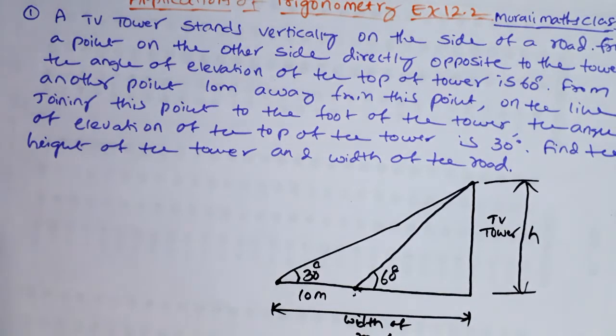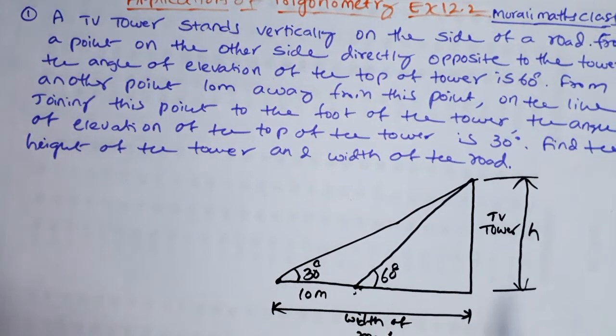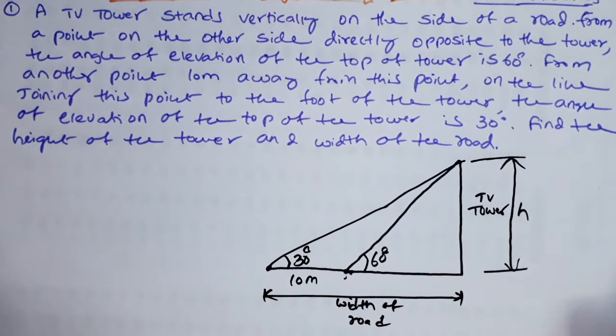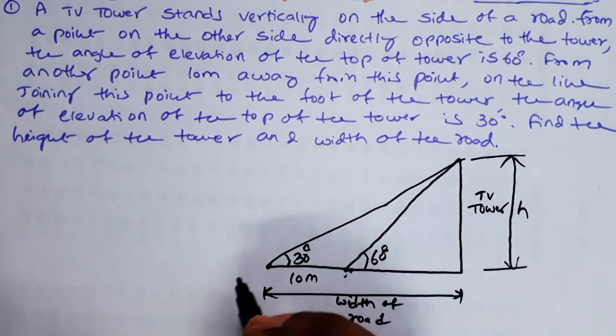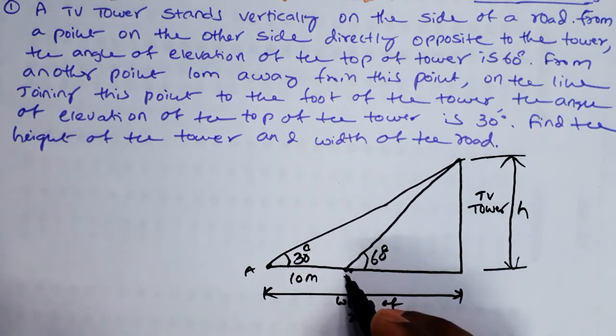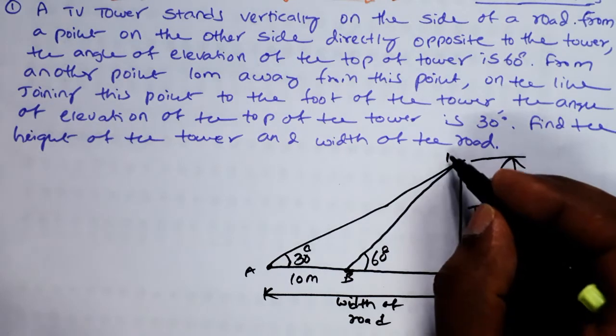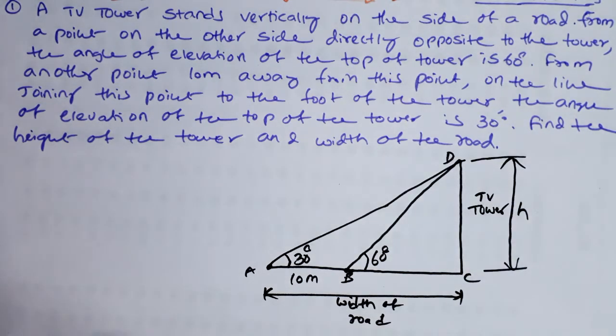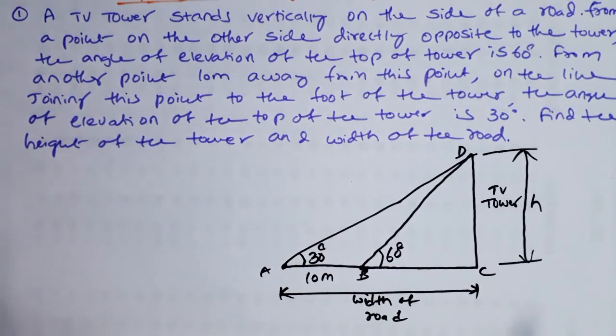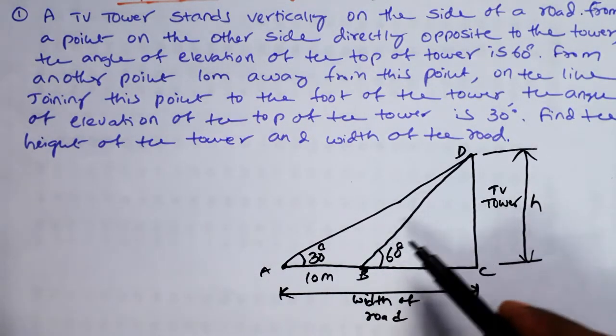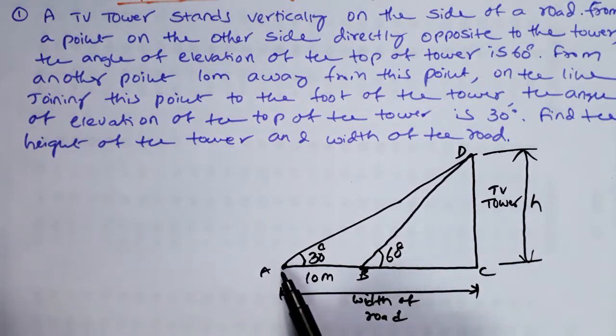Before starting this problem, we need to give names to these points. Let us name them A, B, C, D. Here we have two triangles: triangle ACD and also triangle BCD.